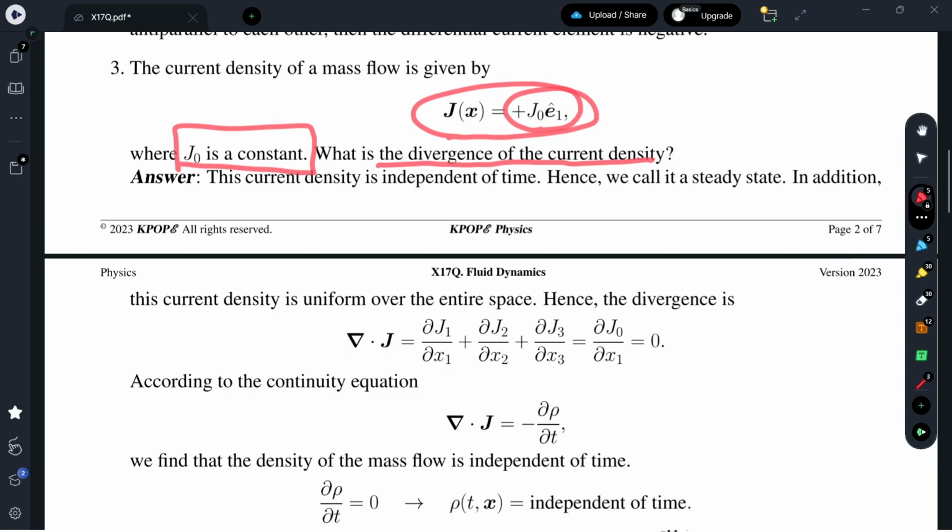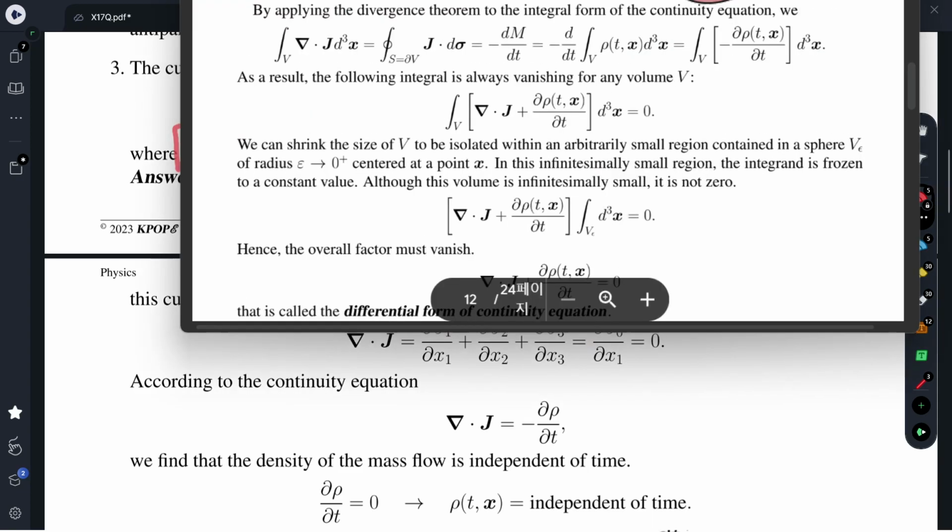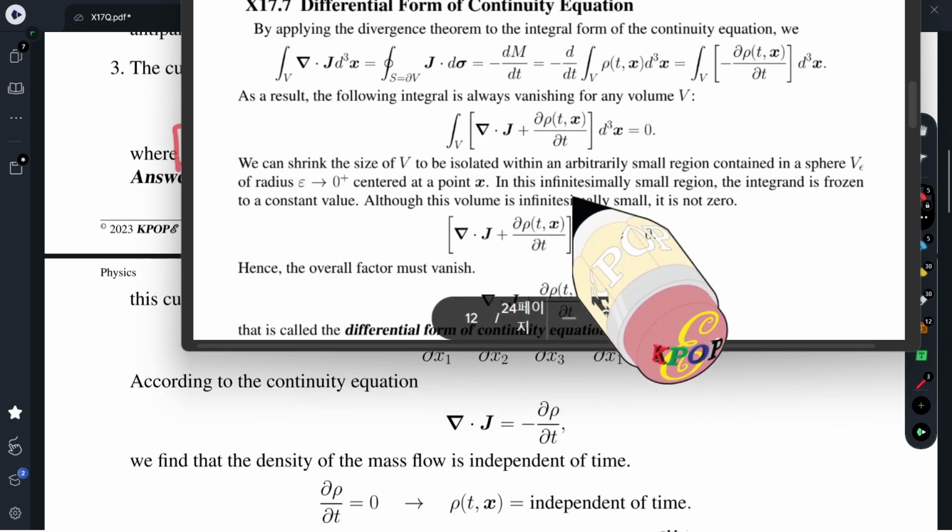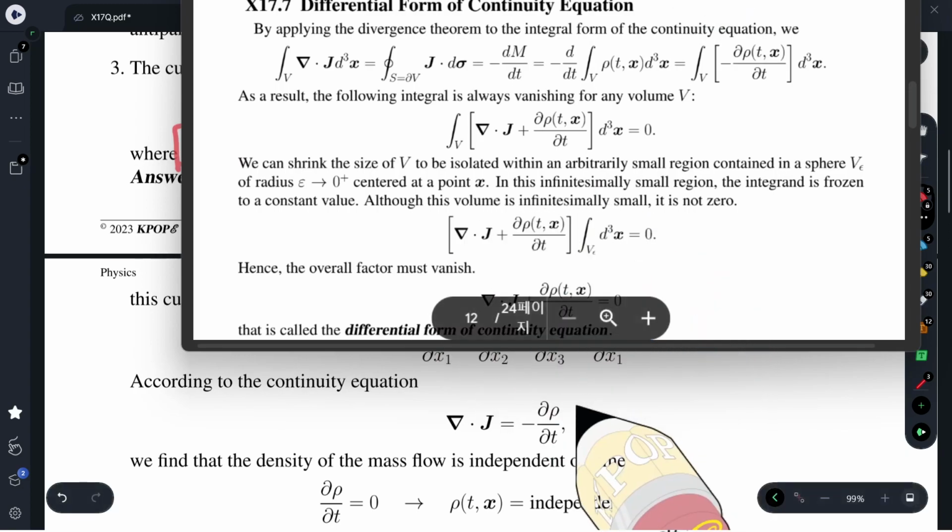Okay, so the differential form of this continuity equation, and here I copied this one.